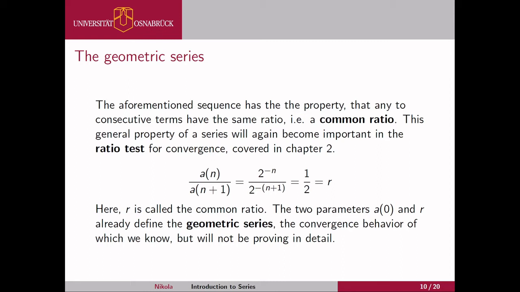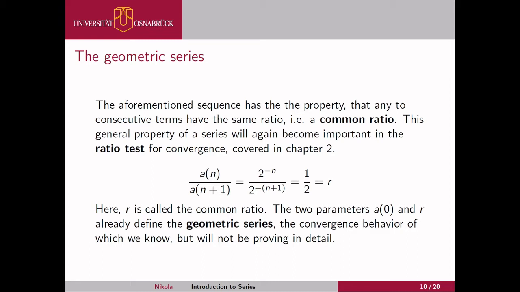This property is quite important, I mean, this ratio in general is quite important even for sequences which don't have a common ratio. But looking at this ratio in general is a very important property with series. Here I have a little proof which shows you that in a general case, the common ratio of our sequence is always a half.